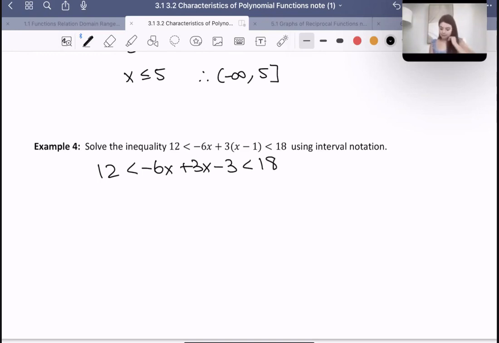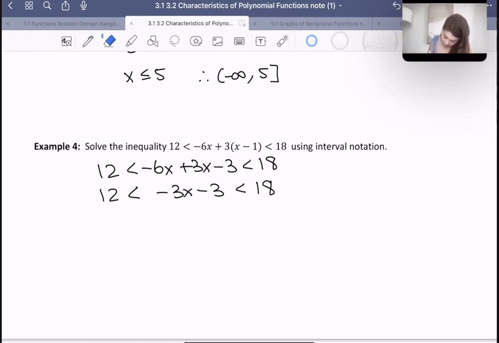Okay, and then we have 12 is less than negative 3x minus 3, which is less than 18. Then we're going to add 3 to all sides. So 15 is less than negative 3x is less than 21.